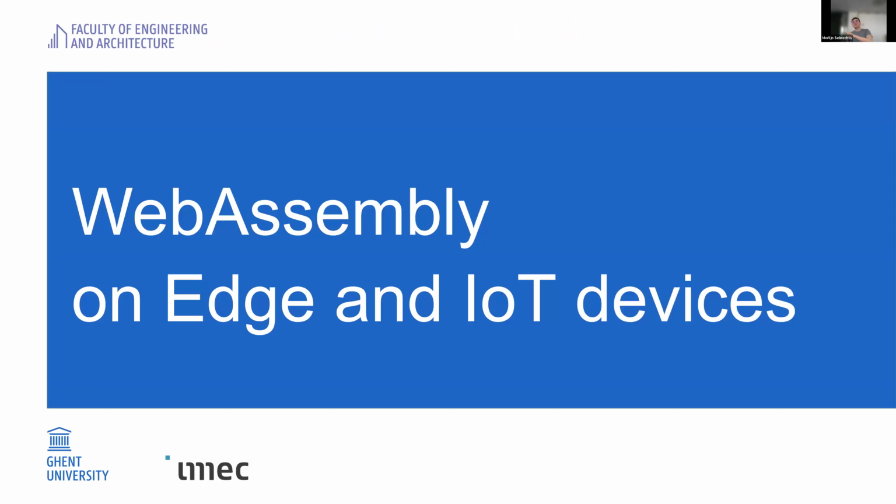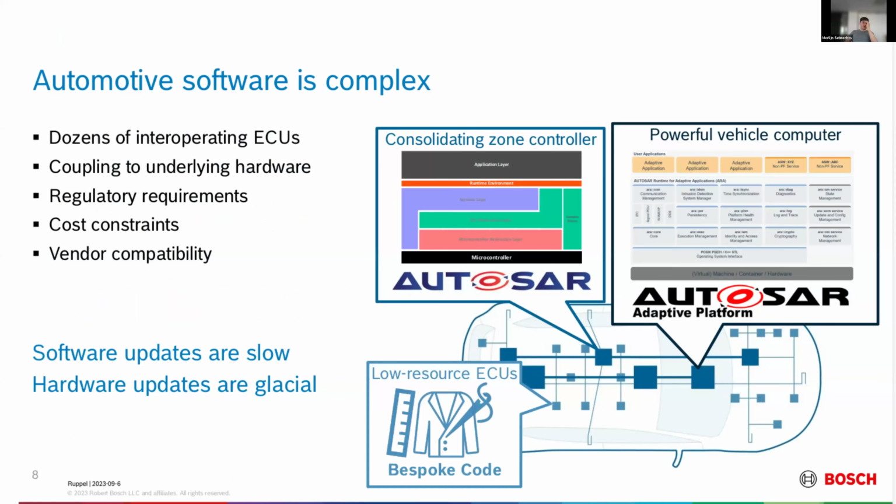So, WebAssembly on Edge and IoT devices. Why is this seeing so much interest? I've shamelessly stolen the slide from Bosch here because Bosch is a creator of a lot of chips in automotive systems. And this is their explanation of the complexity issue that WebAssembly can solve for them.